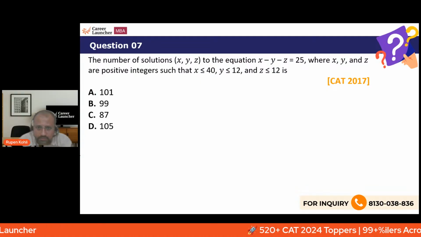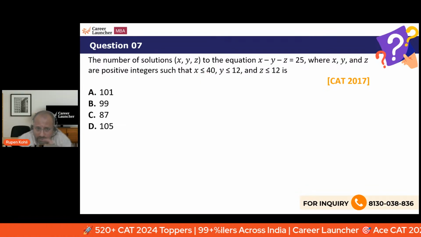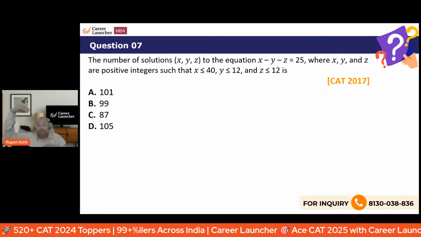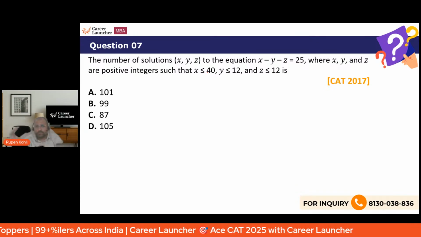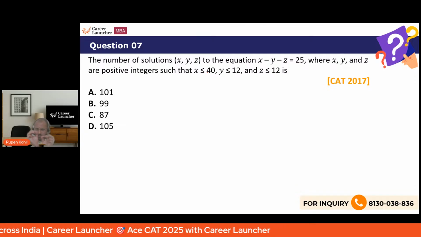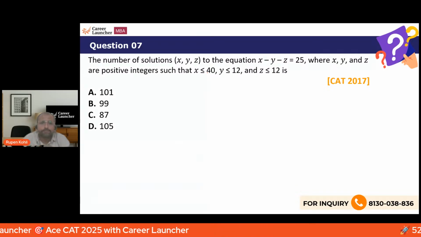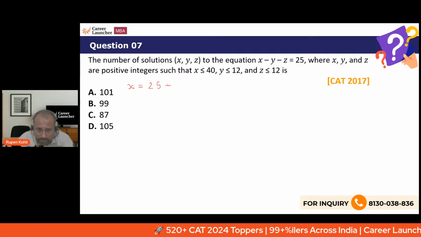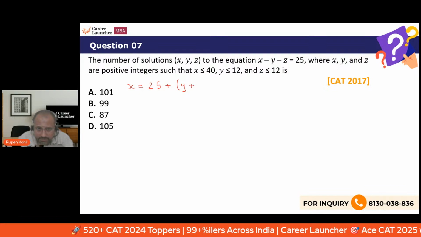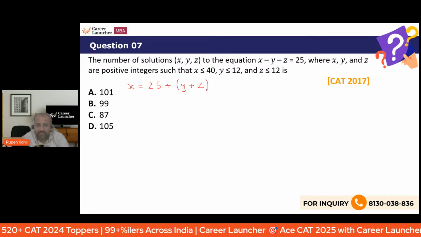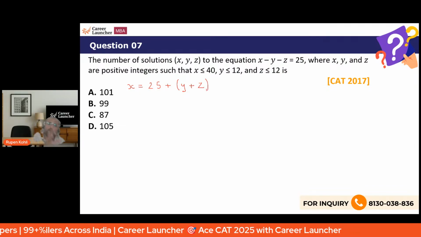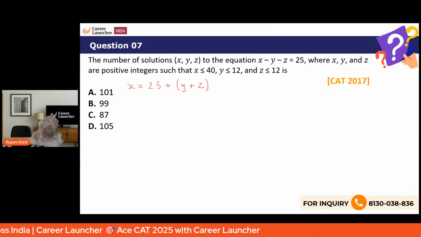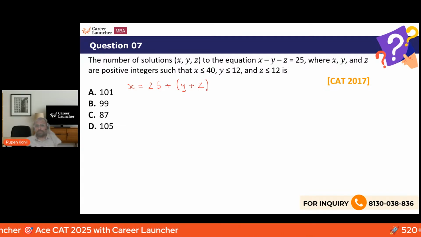Let's jump in. How do you do this? You see, x has a higher range, right? It goes to a higher range than y and z. Y and z go up to 12 only. So I think we should attack this x first of all, right? Let's rewrite this equation such that x is 25 plus y plus z, and think of adding these two positive integers to 25, and that gives us x.